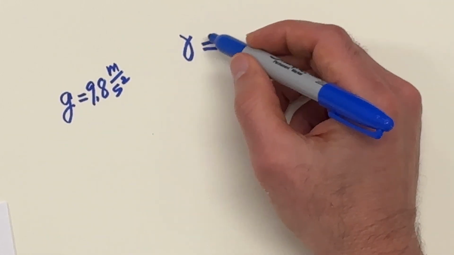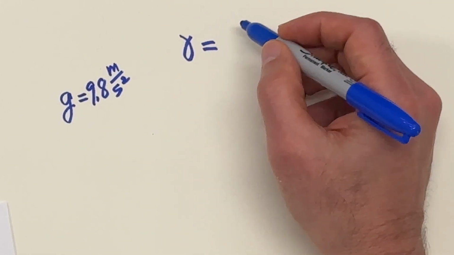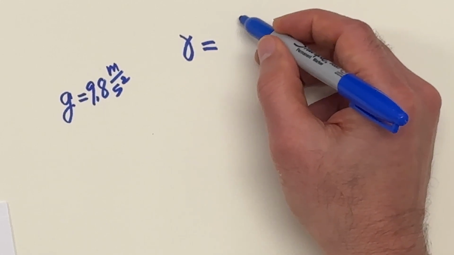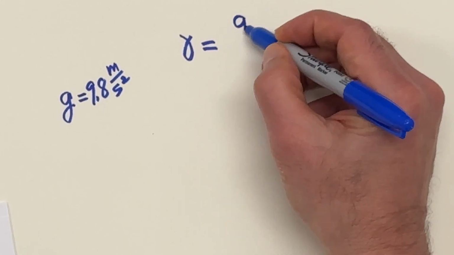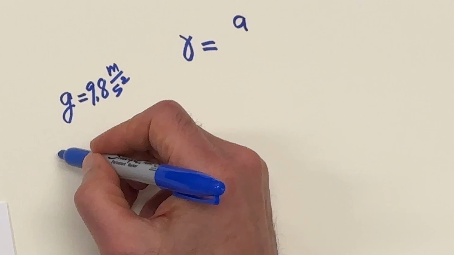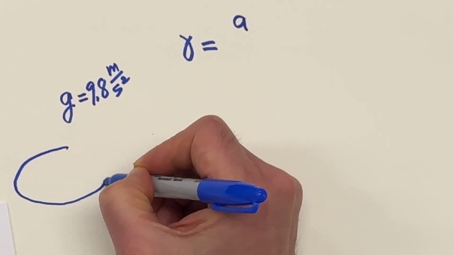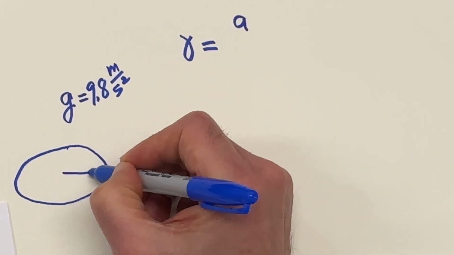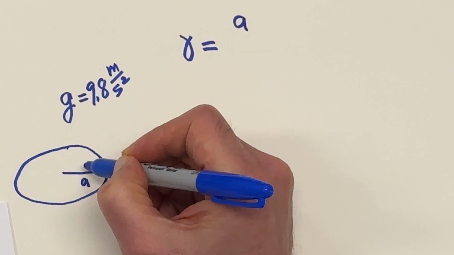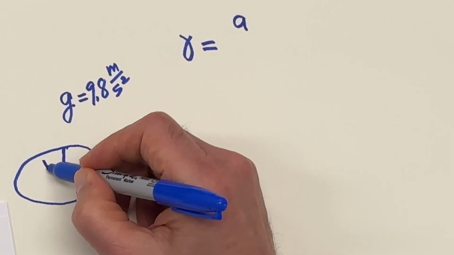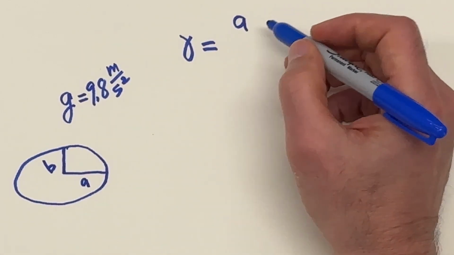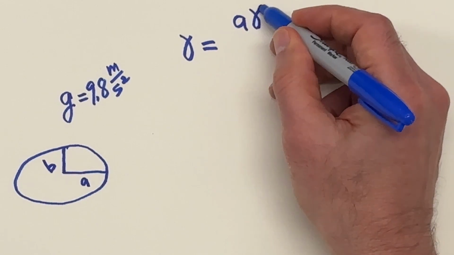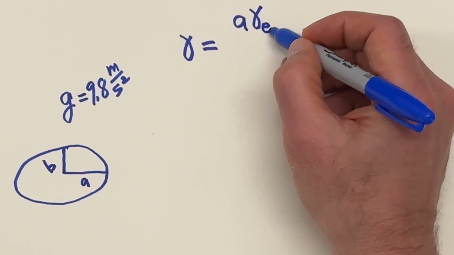So the formula, which is the goal of our course, we have here the semi-major axis. Think of the Earth, where you have your semi-major axis and semi-minor axis. And then you're going to multiply that by the gravity at the equator.